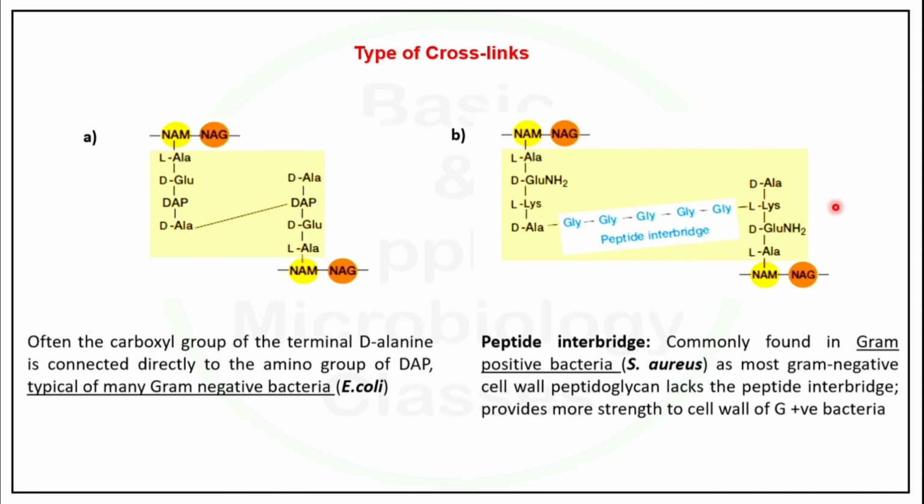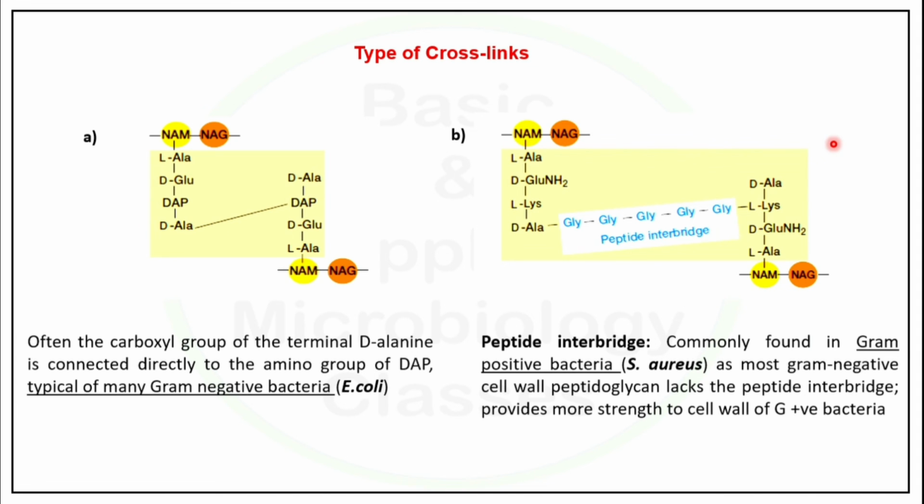I hope this is clear: this peptide interbridge is absent in gram-negative bacteria and present in gram-positive bacteria. So there are two types of cross-links to attach identical subunits of peptidoglycan chains in order to form a mesh-like polymer, what we call peptidoglycan.